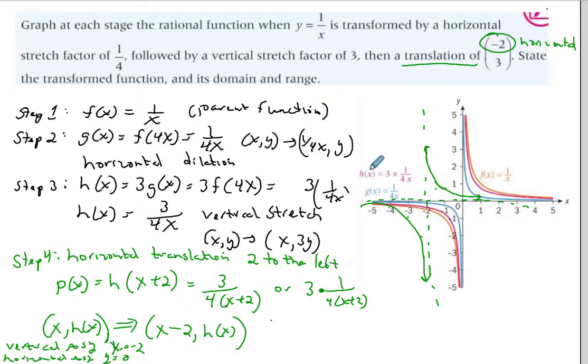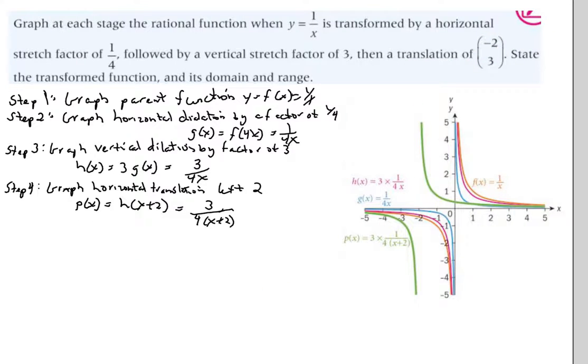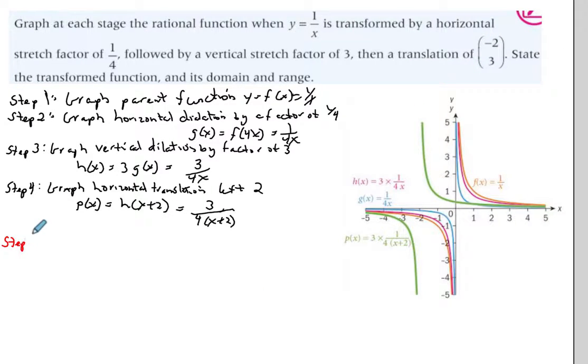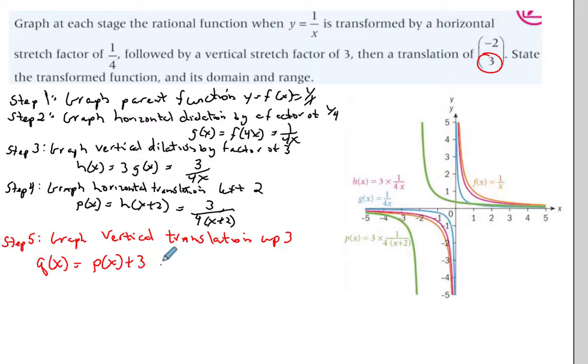Because this is hard to graph on this very small graph, here is the green graph with the use of technology. Next step, we're going to do our vertical translation. And this has 3, so that tells me it's going to go up 3 units. So I'll call this function q of x, which is my p of x function plus 3.